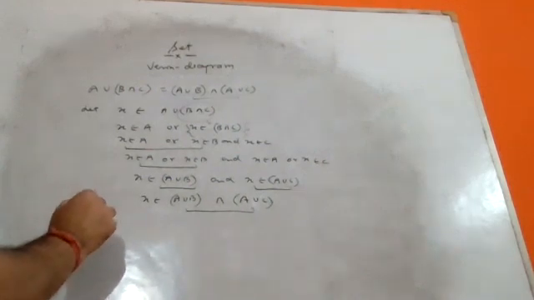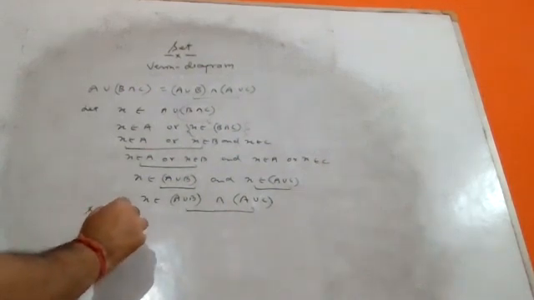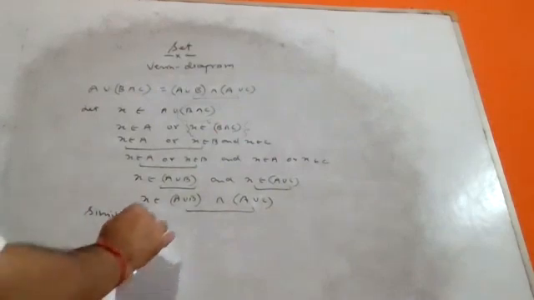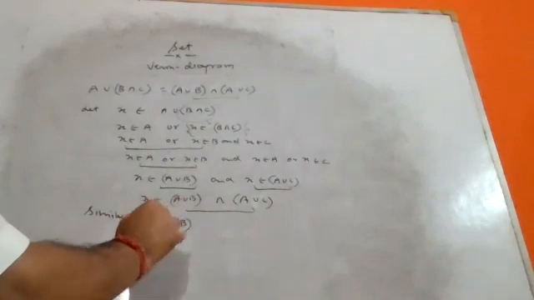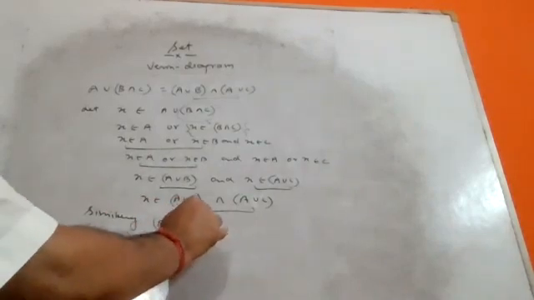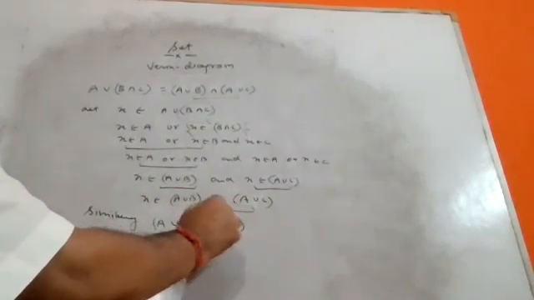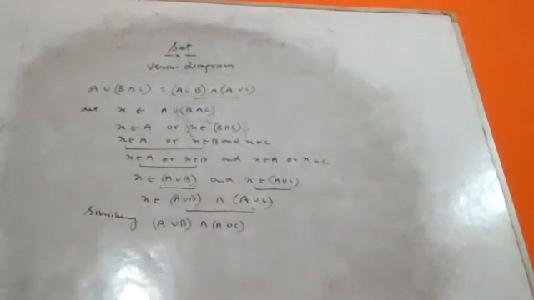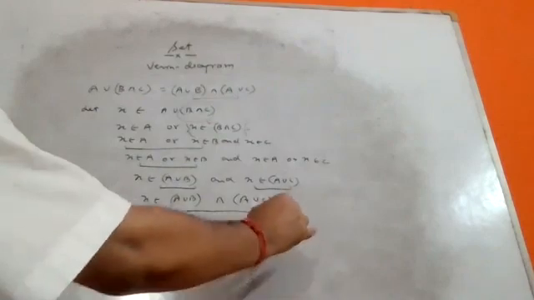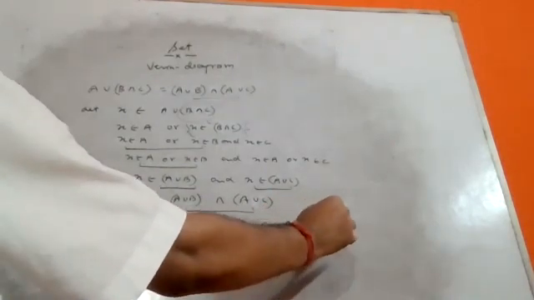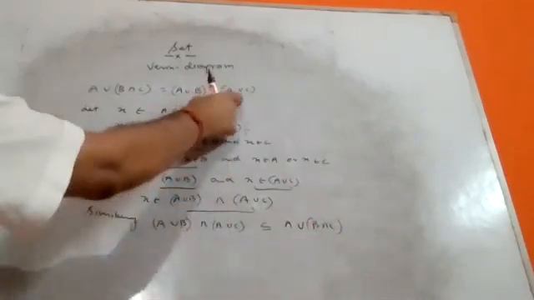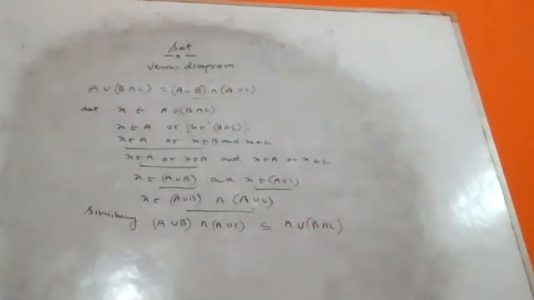So we can write here similarly, (A union B) intersection (A union C) is a subset of A union (B intersection C). So this is a subset of this one. This is the first portion.